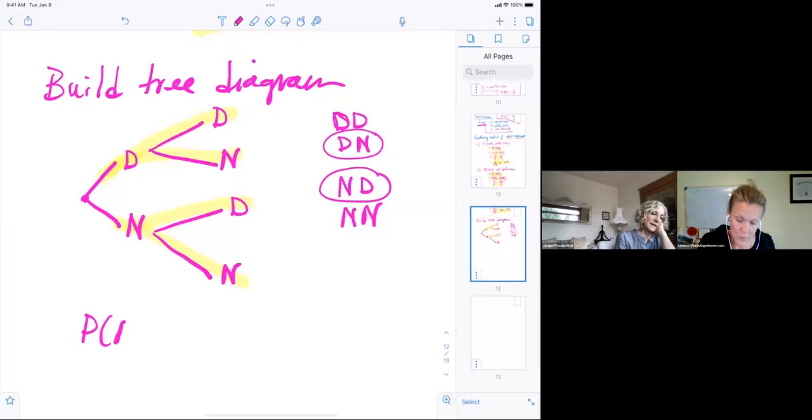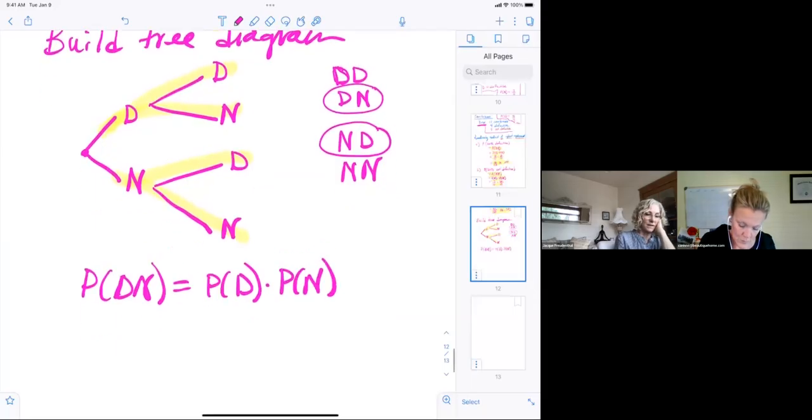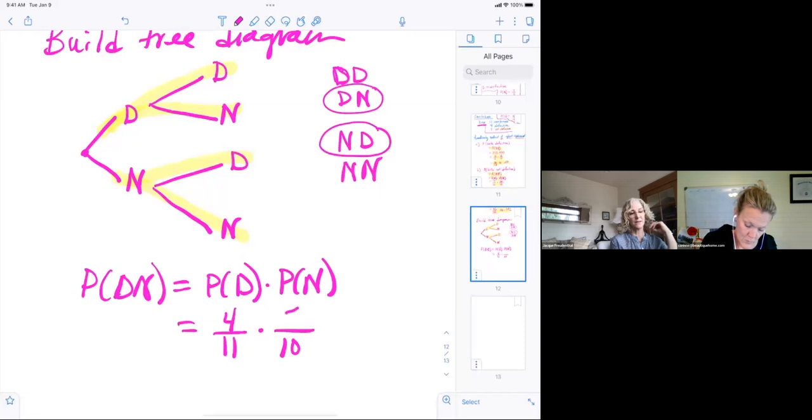Probability of DN is the probability of D times the probability of N. Out of the 11 carabiners, there are 4 that are defective. Take one out, there's 10 carabiners, and there are 7 that are not defective. So we get 28 out of 110.